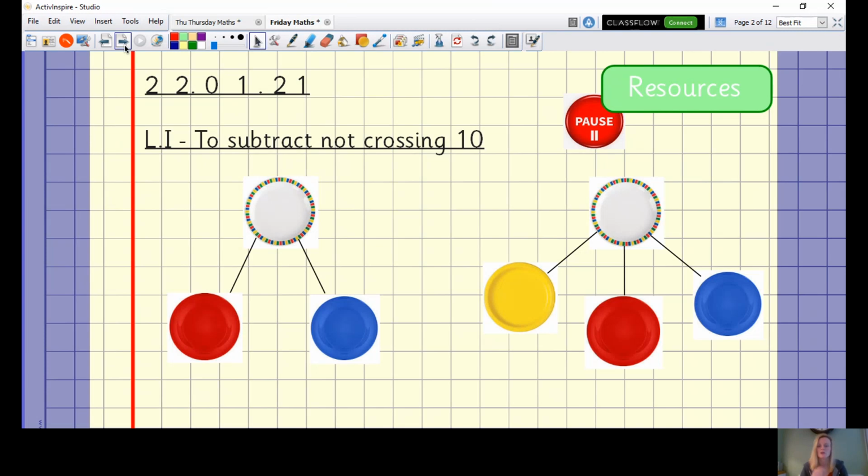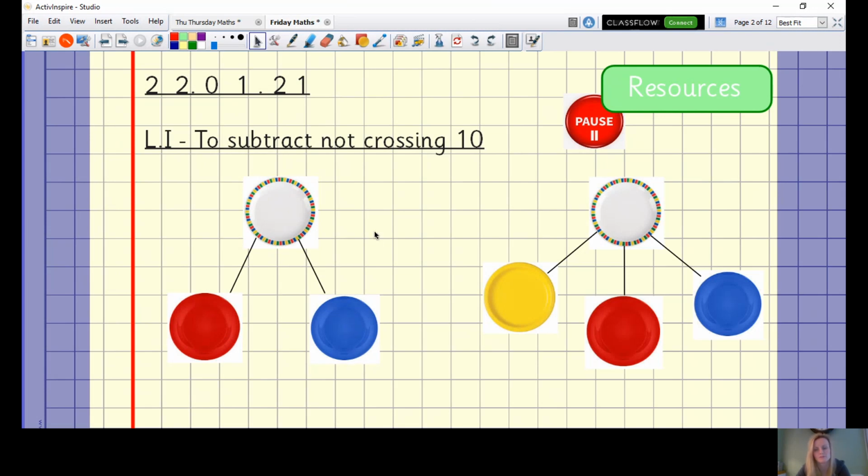So you might want to use cereals, or little sweets or pasta, anything like that that represents one on your plate. Because we are going to be doing some partitioning onto our plates. So we might have 12 here and we've got 10 and 2 here.